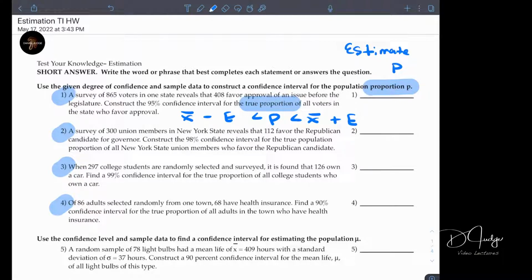So you should see that phrase everywhere here, to estimate a true population proportion. Use the confidence interval for a true proportion, that's estimate P. So that's what you're going to see here for the first four.